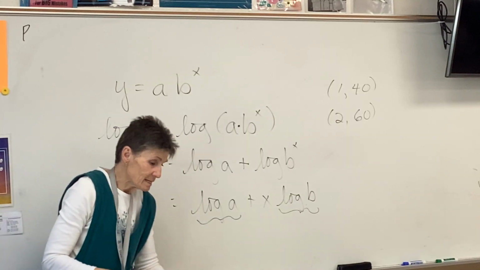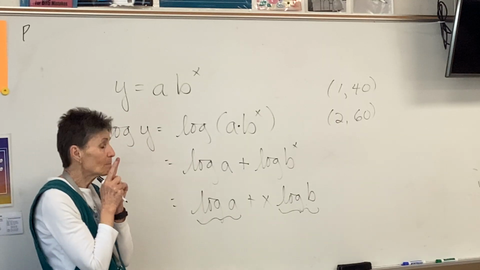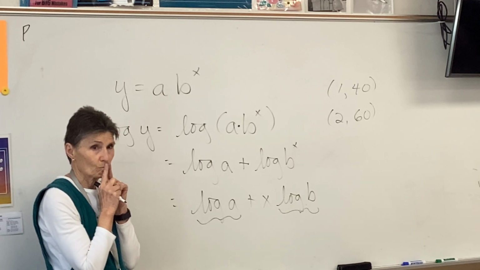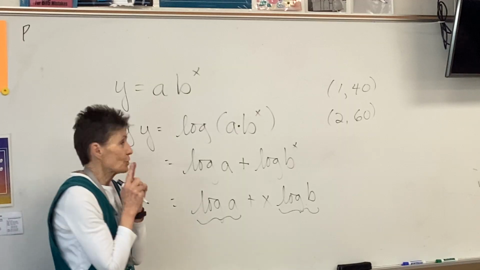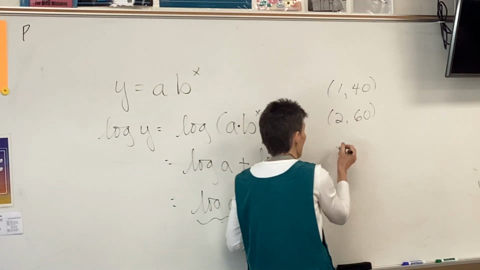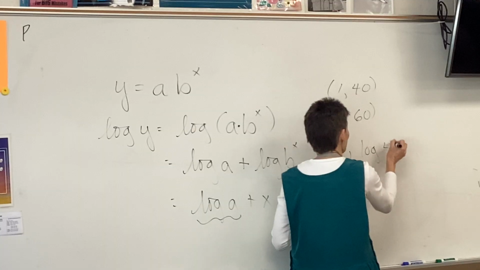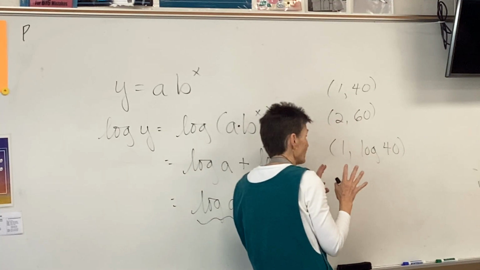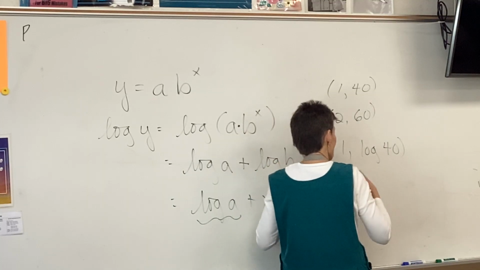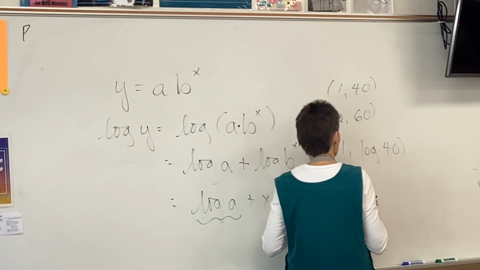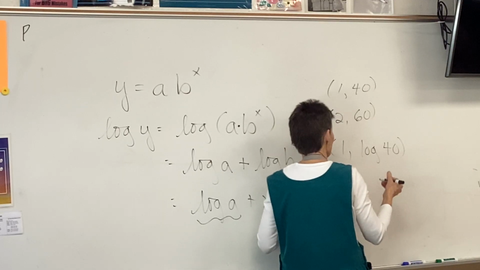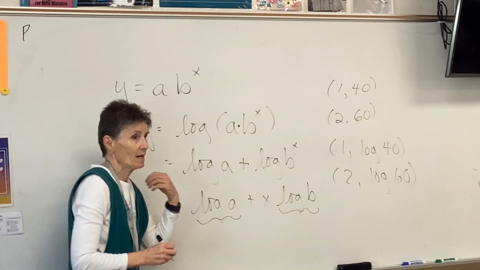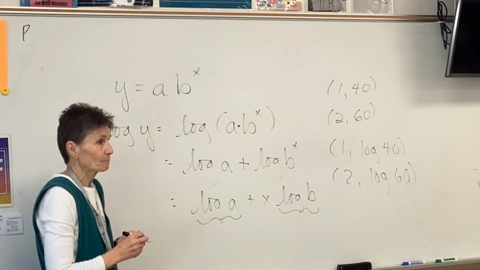But I need you to remember something. I have logarithmically scaled my y's. So instead of 140, I'm going to have to think about it as log 40. Remember, the y-axis has been logarithmically scaled. So as I am writing equations for that, using the logarithmic scale, I am going to have to think of my y values as logarithms.